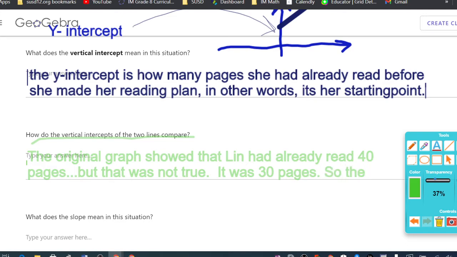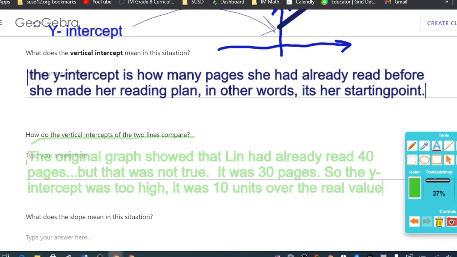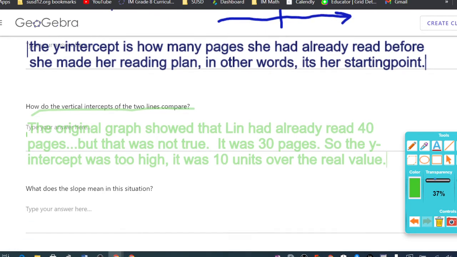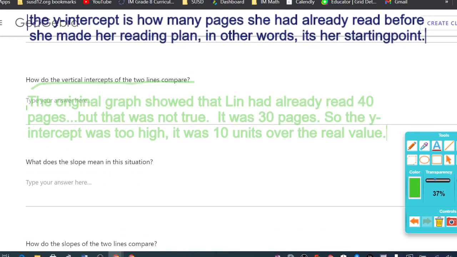So the y-intercept was too high. You know what I mean. It was 10 units over the real value. I'll write that. It was 10 units over the real value. Okay, your turn. Type in your answer, or you can use my answer because I'm your teacher, so I can help you.